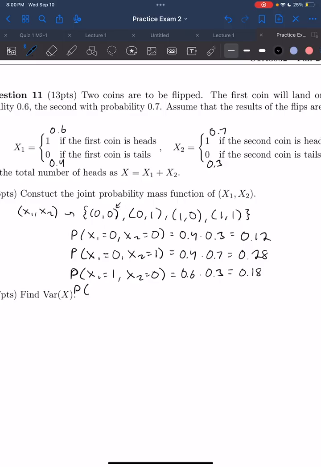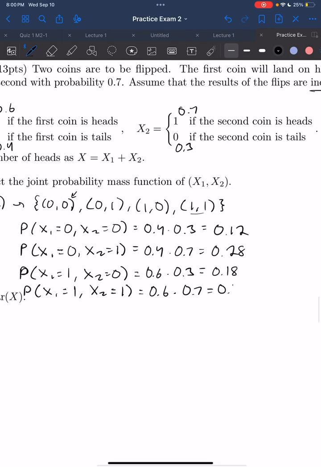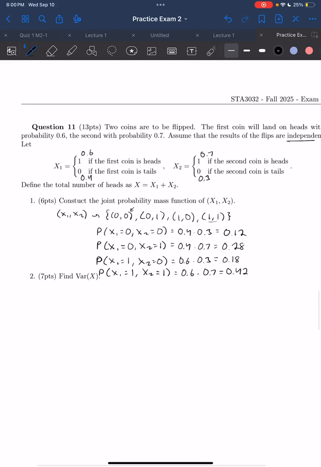And then we'd have our probability of x1 equals 1 and x2 equals 1. And that's our last thing here. So that would be 0.6 times 0.7, and that would be 0.42. And those are our joint probabilities.